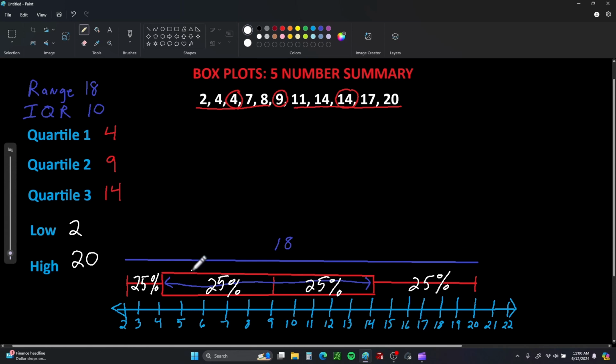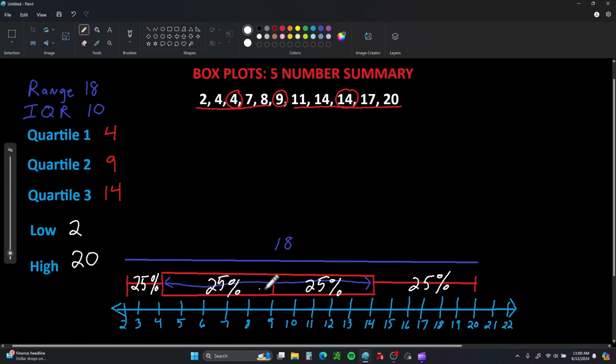So when I look at this, I can get a question that might say, how many of the numbers were above a 14? Well, the answer is 25%. What percent of numbers are bigger than a 4? Well, here's the 4, so I have 25, 25, and 25. So 75% of the numbers are bigger than a 4.